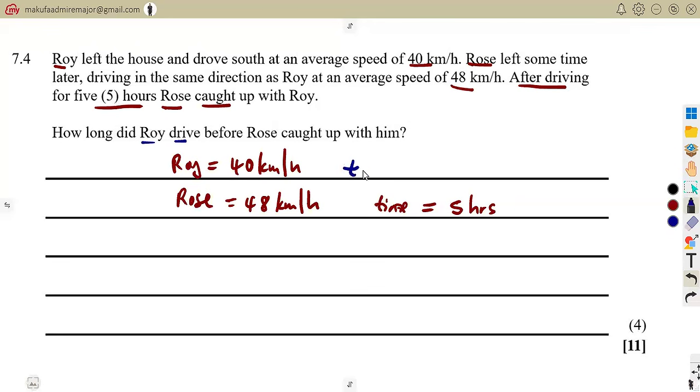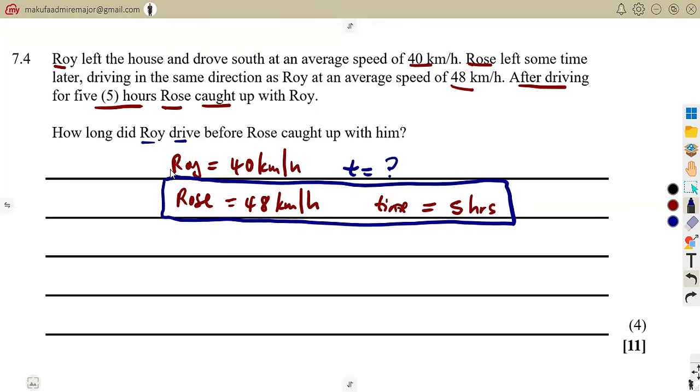So in order for us to know the time that they're asking us here, how can we know that time? It is easier that we work with Rose first, because when they meet, it means they have driven the same distance. So taking advantage of Rose, because Rose has got speed and also time.